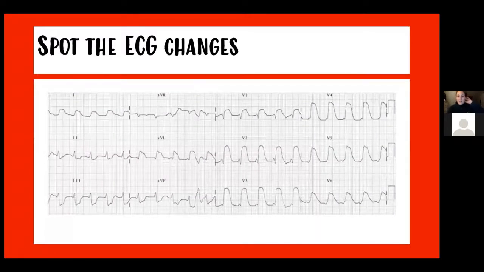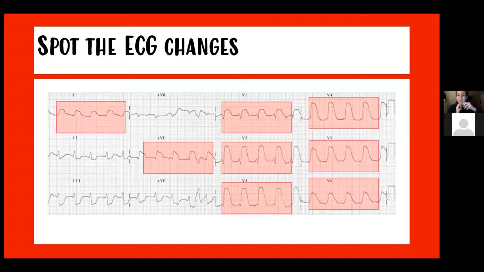This might not be something you've heard of, or it's something you might have come across when reading around ECGs. Anyone know what this is? So it's not pericarditis, it's known as tombstoning.